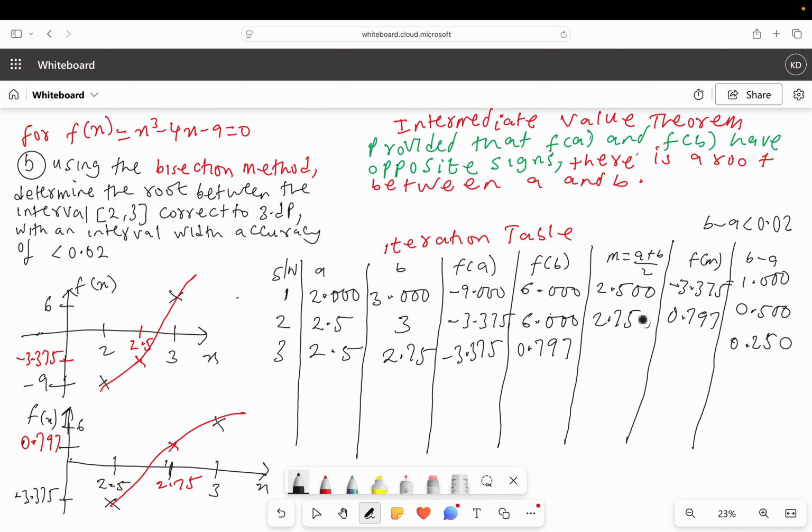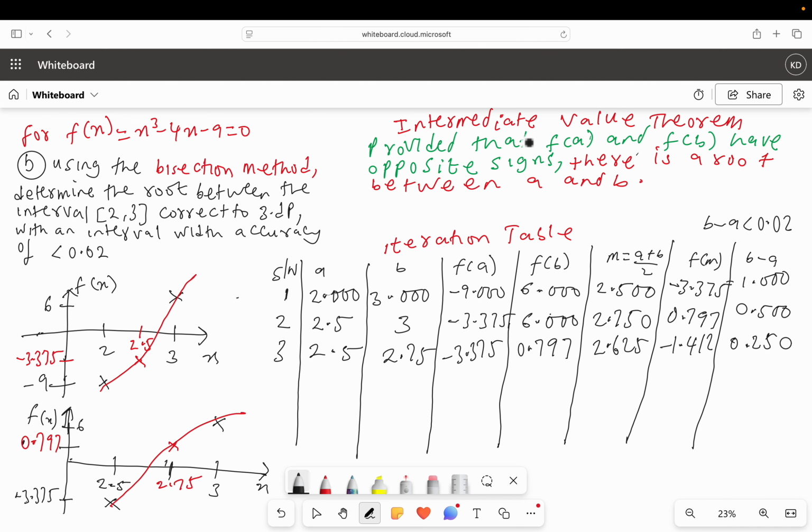So my midpoint is now 2.625, and f of 2.625 will be minus 1.412.